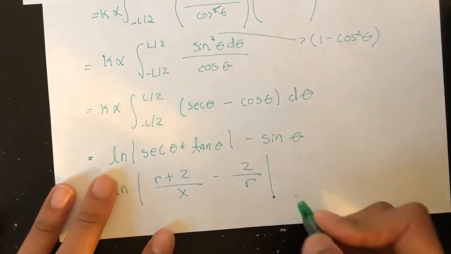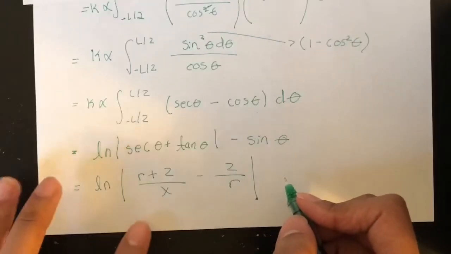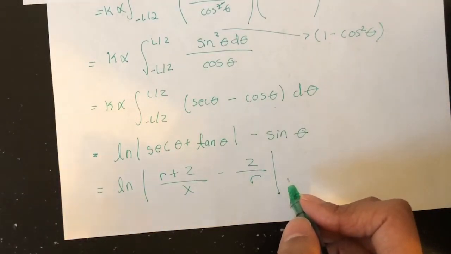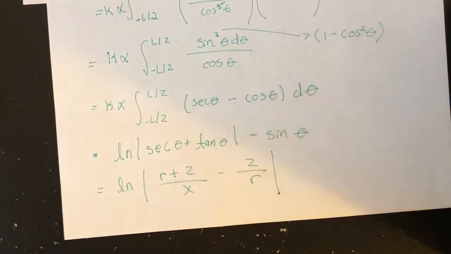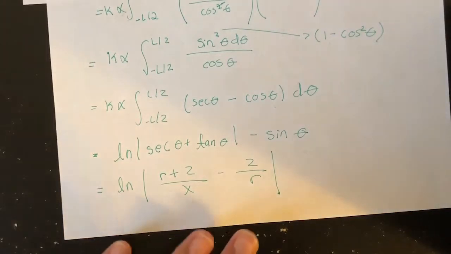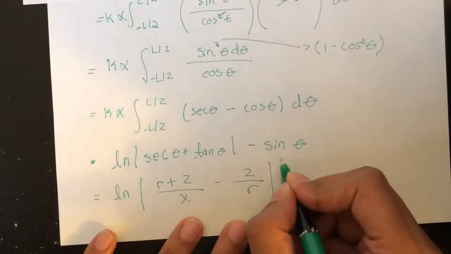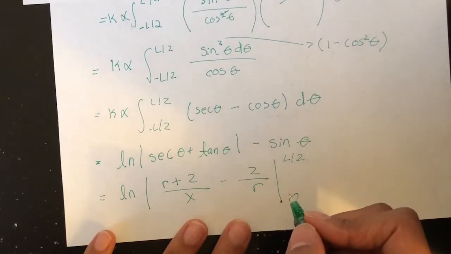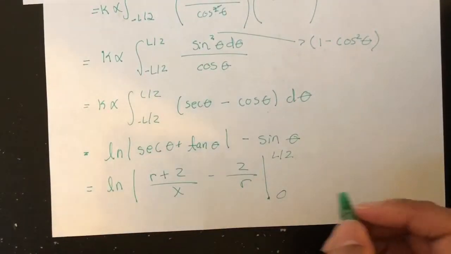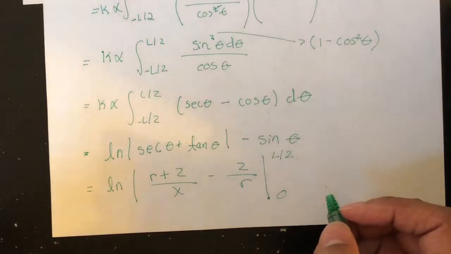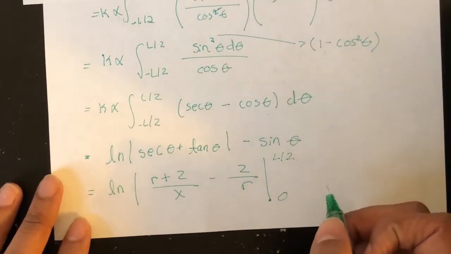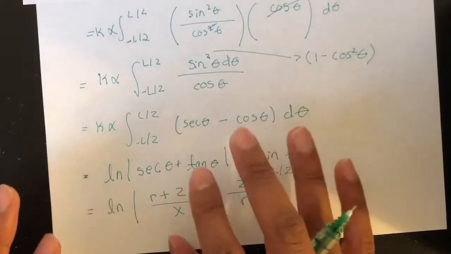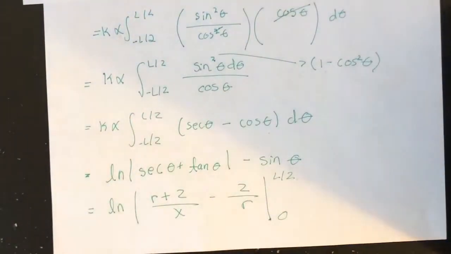Because of the symmetry of this problem, it's the same as going from L over 2 to 0, and since our result is going to be the same, we should just put a 2 in front of the answer.